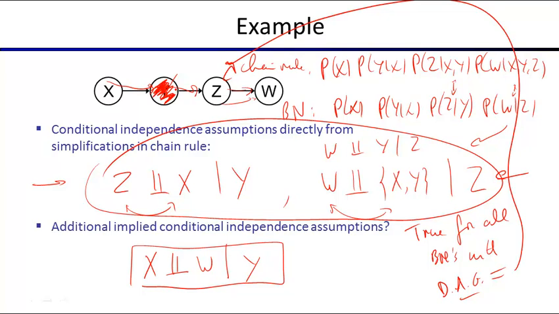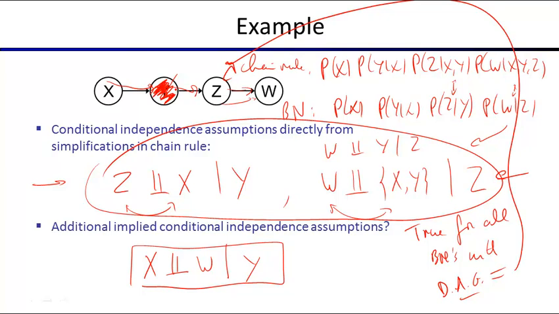Just one, this one here. The bigger the Bayes net, the more there will be of these additional conditional independencies that you didn't explicitly make when defining the Bayes net, but they're always true, no matter what the set of conditional probability table entries is, if you use this particular graph structure that you're stuck with.